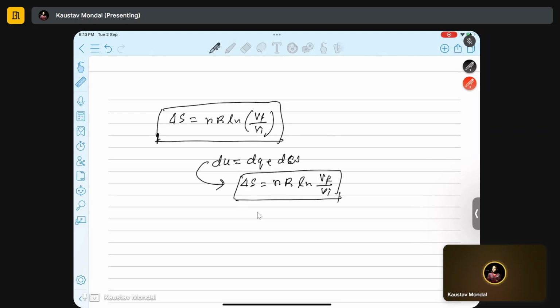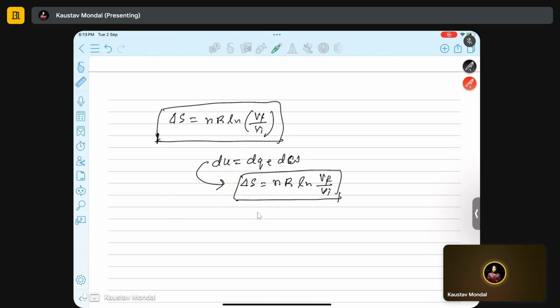Next we discussed what physically happens when you change the volume. If you increase the volume from initial to final, according to this expression the entropy will increase, right? So how does that happen?